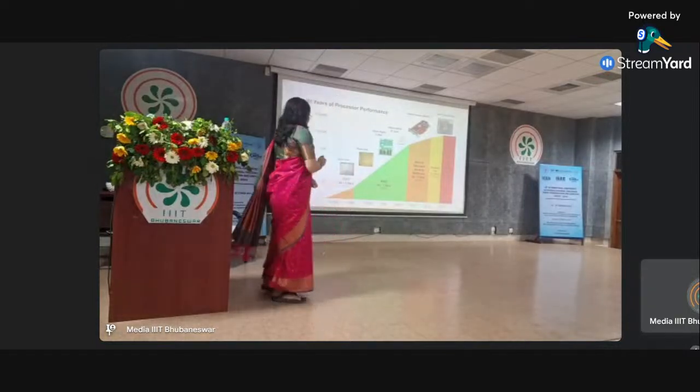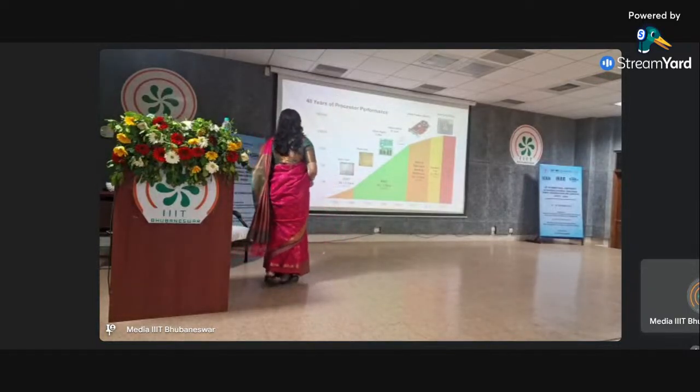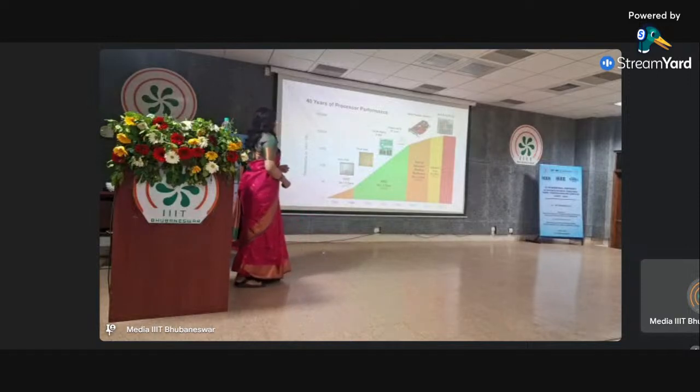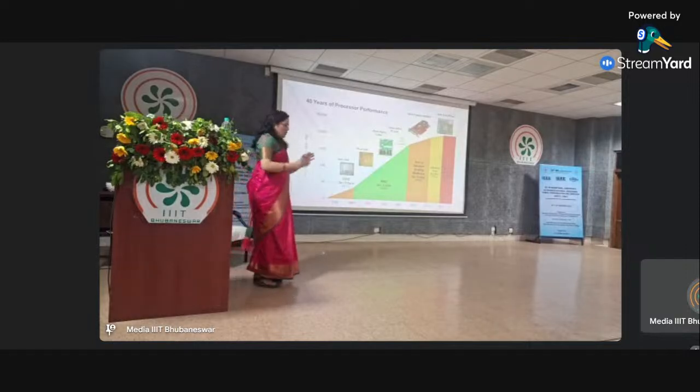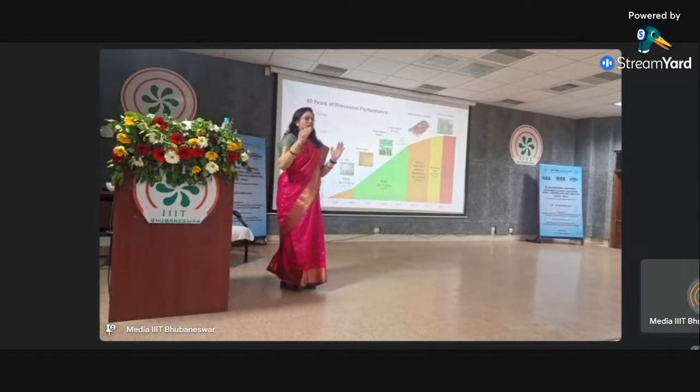account. So this slide basically shows the transition from 1980 to 2015. And on the y-axis, we have performance. So 1980 to 1985, we had CISC, complex instruction set computers, where one instruction was capable of doing addition, multiplication, everything in one specific instruction.